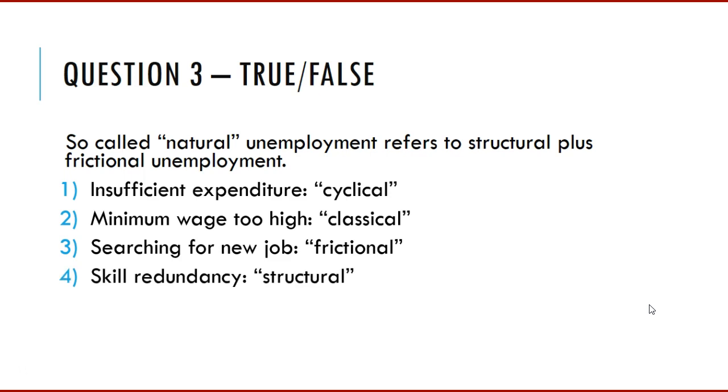Lucky last, structural unemployment. This is where someone has skills that are no longer in demand in any of the industries in the economy. This could be because of technological change within a given industry, so that the skills that a particular worker has become redundant.